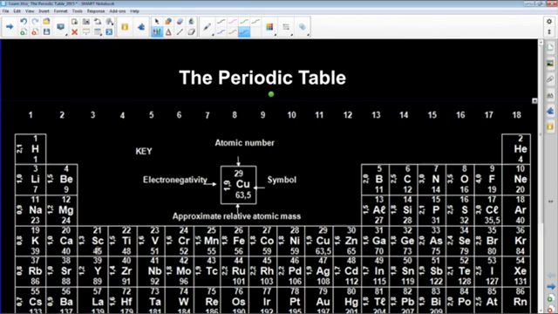Have a look. We've got oxygen with a value of 3.5, and hydrogen with a value of 2.1. That means our electronegativity difference is 3.5 minus 2.1, which gives us a difference of 1.4. That's a very polar substance, right?